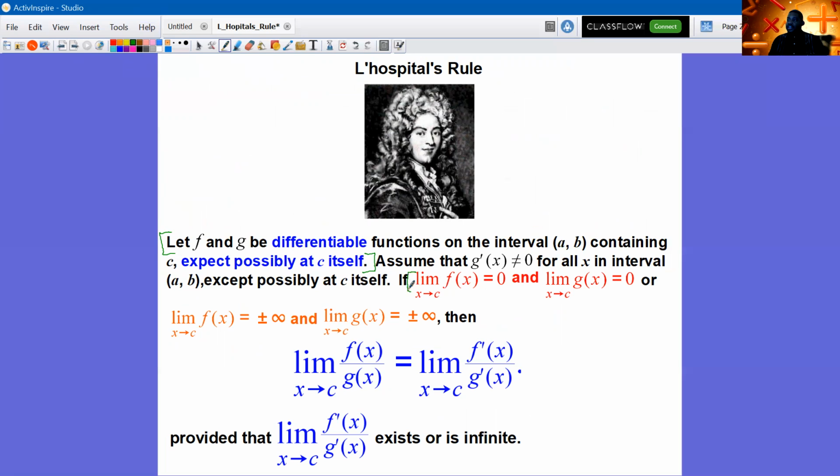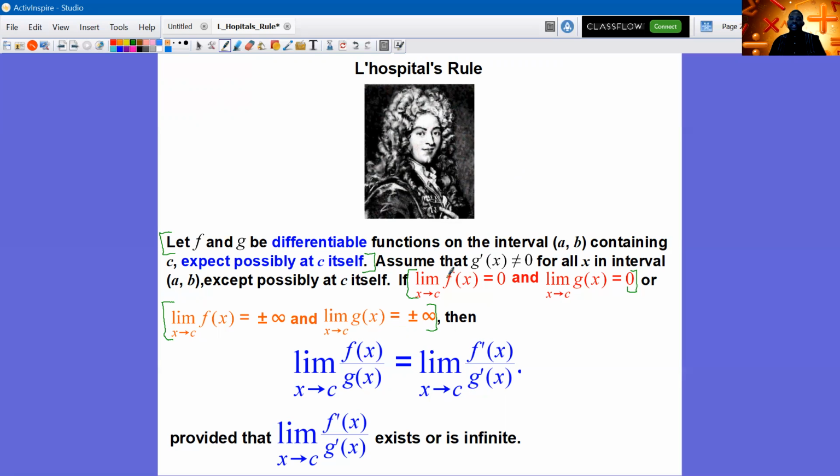Second, if I evaluate limits and get both numerator and denominator 0 or both infinite, then I can use derivatives to help me find the limit. In other words, the limit of f over g as x approaches c equals the limit of f prime over g prime as x approaches c. This is only a true statement if we're using L'Hopital's rule.